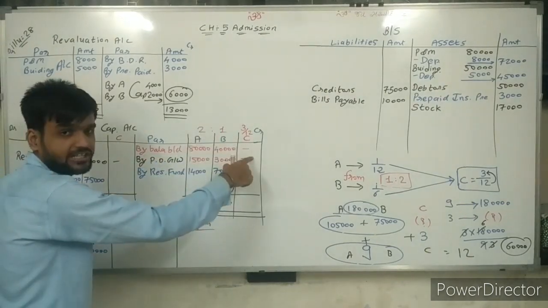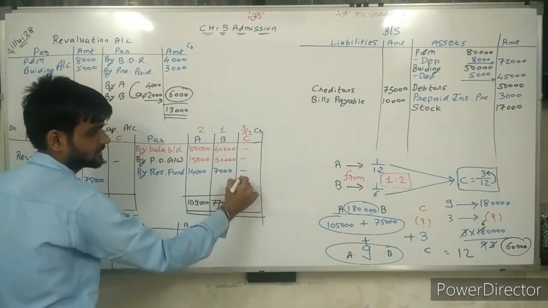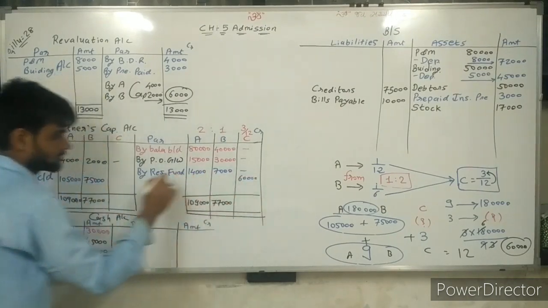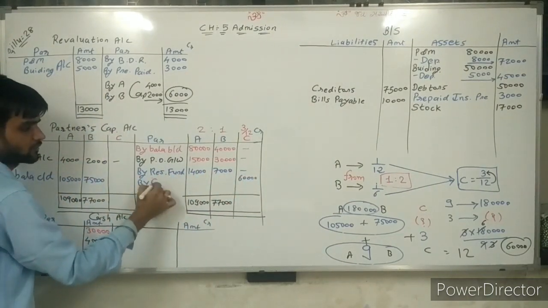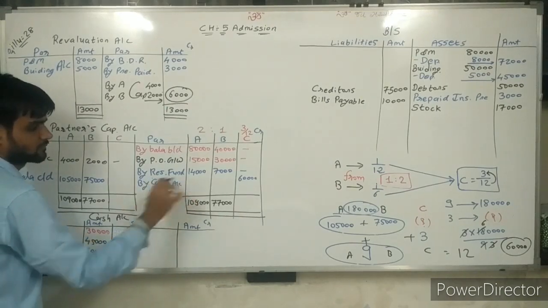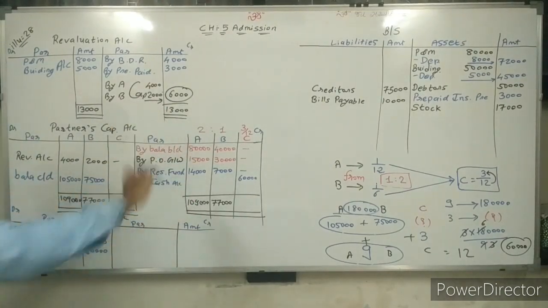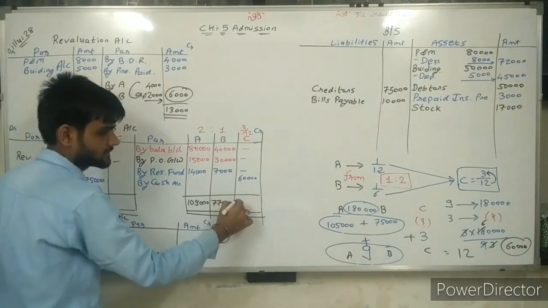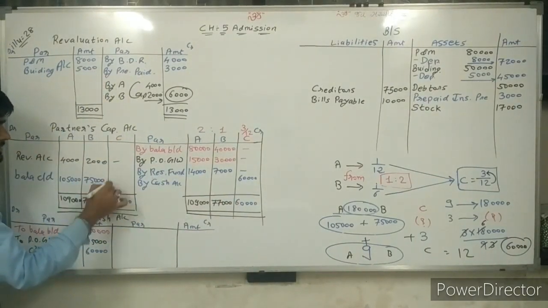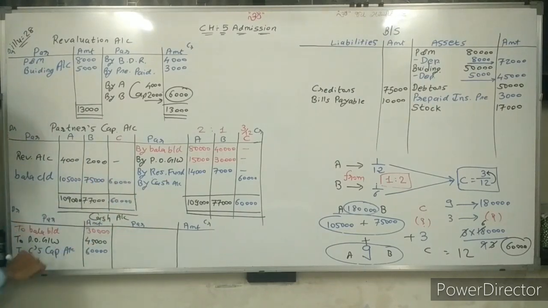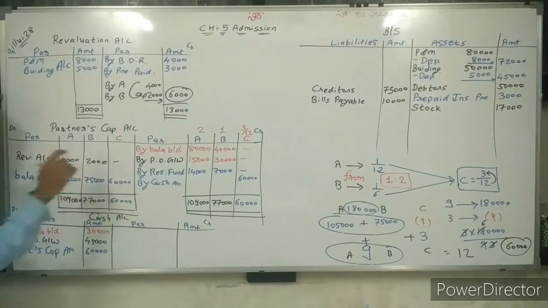Now C's capital is credited, so write on the credit side of C, by cash account. Now we can close this account. Total is the same 60,000 we are writing here. My balance is 60,000.